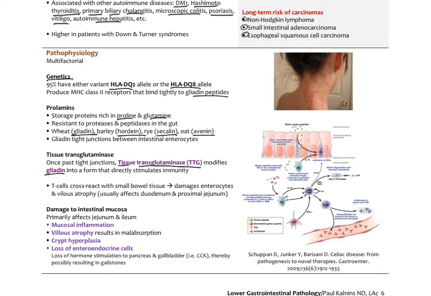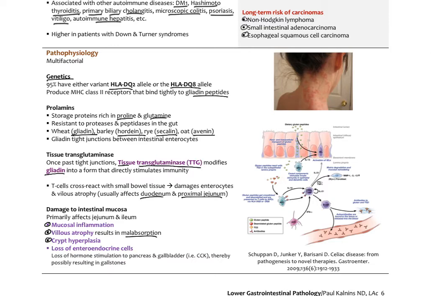T cells will cross-react then with the small bowel tissue, and that damages the enterocytes and causes the villus atrophy. That's going to be more typical in the duodenum and the proximal jejunum. The damage to the intestinal mucosa is going to cause mucosal inflammation, again villus atrophy, and that results in direct malabsorption.